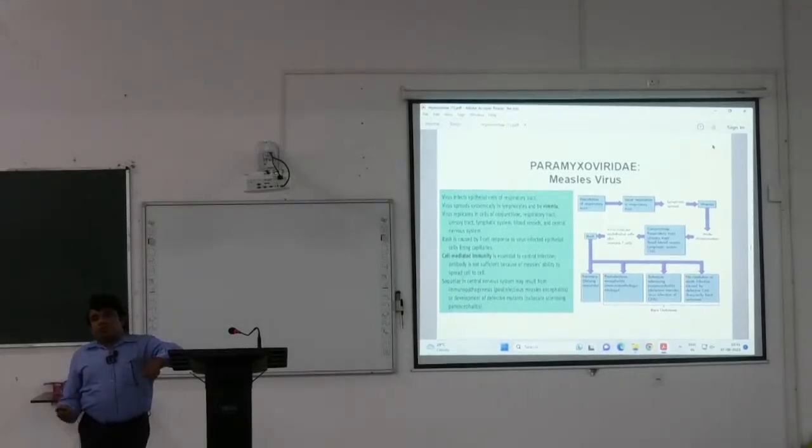If it occurs acutely, we call it post-infectious encephalitis, and if it is a chronic one, we call it subacute. Subacute means the presentation is not quick or acute, but delayed, hence subacute. Sclerosing means it causes sclerosis of the encephalon or the brain parenchyma.